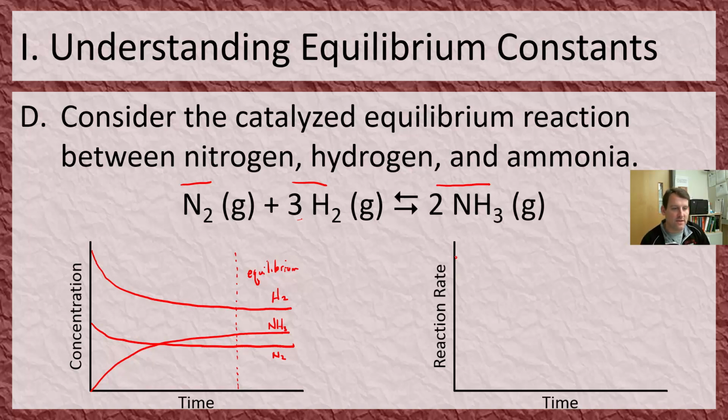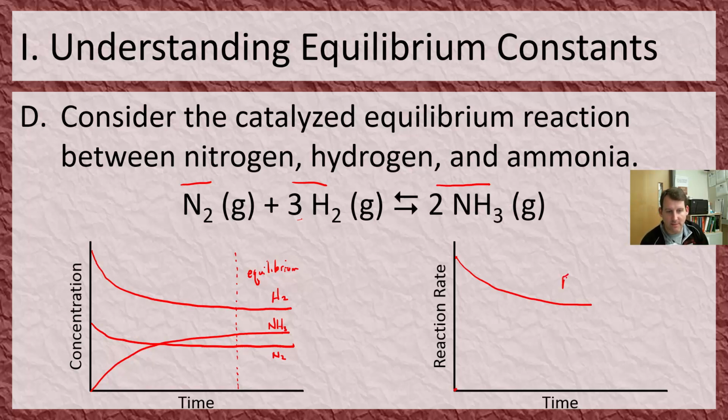And then over time it's going to decrease as we use up our good friend nitrogen and hydrogen. Now, it's going to continue decreasing, but as it makes product, more and more product's going to build up. So at first, we're going to start with 0 reaction rate for the reverse.